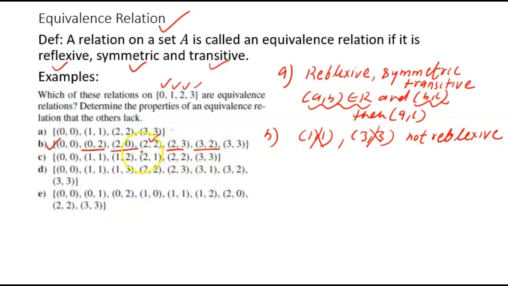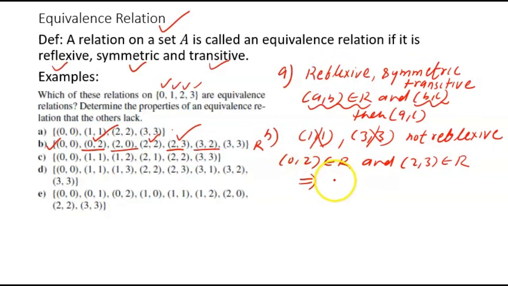Let me call this relation R. We have (0,2) in R, and we also notice that (2,3) is in R. If I combine both of them, then this should imply that (0,3) should be in R. For the relation to be transitive, since (0,2) is in R and (2,3) is in R, then (0,3) should be in R. But we don't have the (0,3) element here.